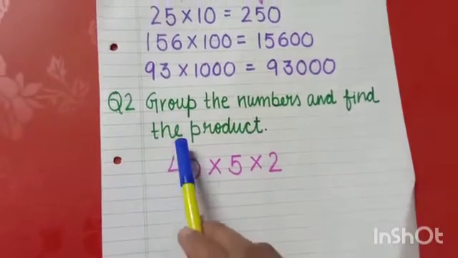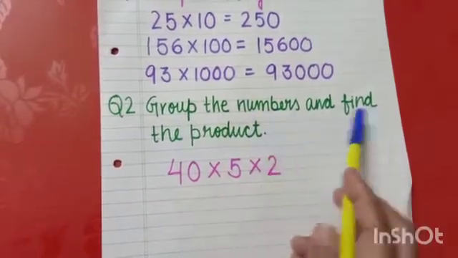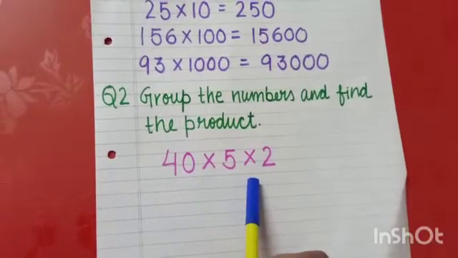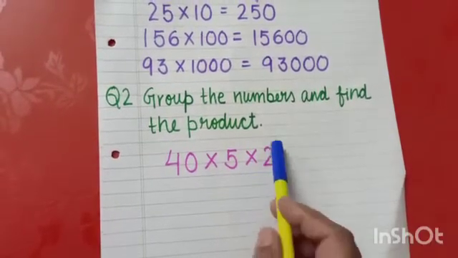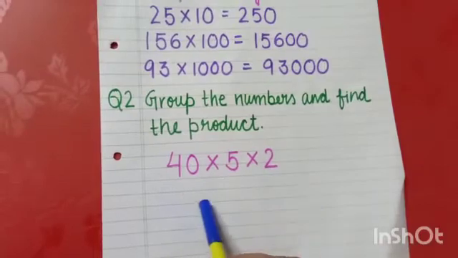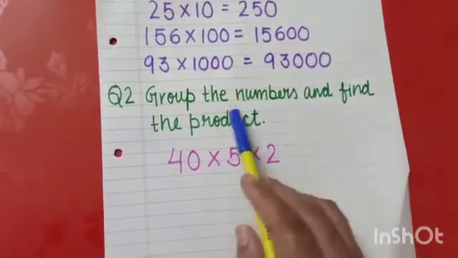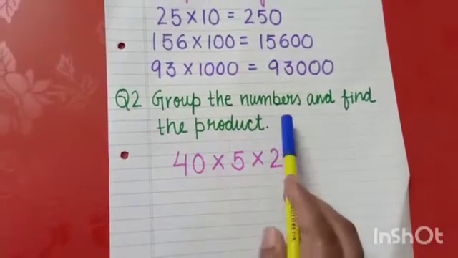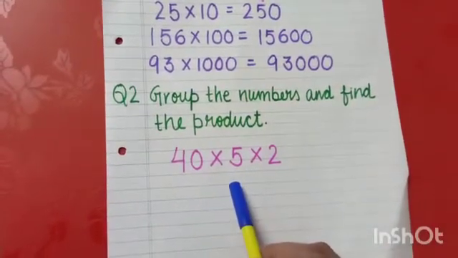So students, next question is group the numbers and find the product. This question is new for you. Before going to explain this question, I just want to say what is the role of grouping. Students, grouping makes the multiplication easy.